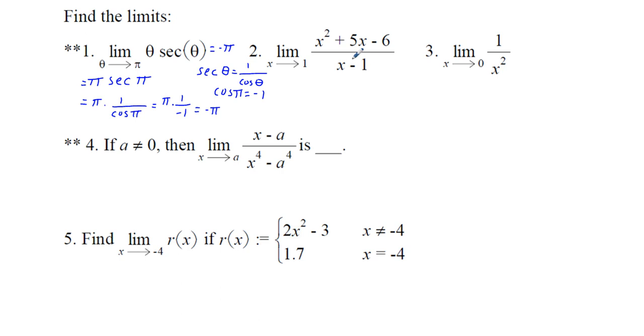The next one we have here is the limit as x approaches 1 of x squared plus 5x minus 6 over x minus 1. The first thing we're going to do is try direct substitution, and when we do that, we're going to have 1 squared plus 5 times 1 minus 6, and then in the denominator, 1 minus 1.